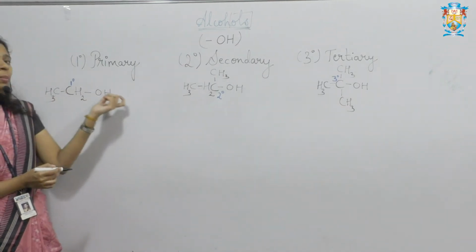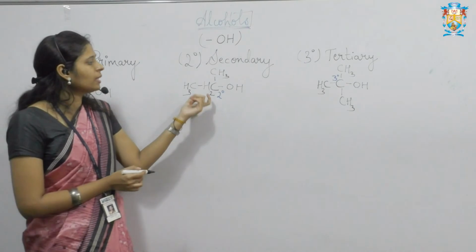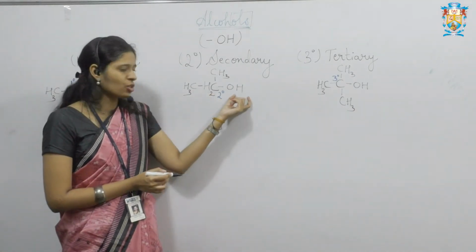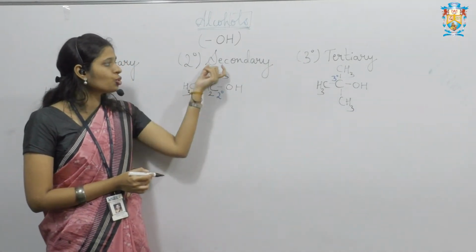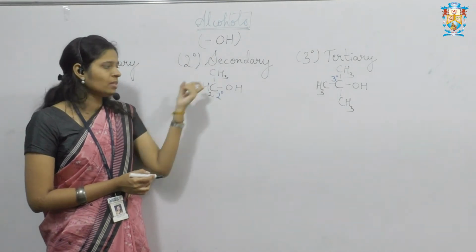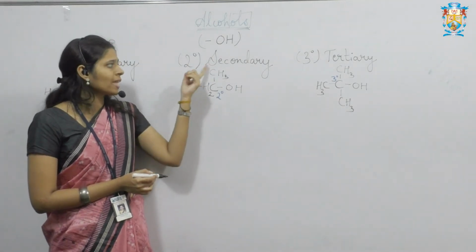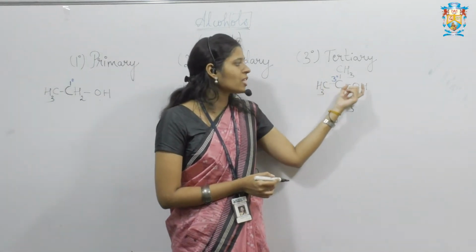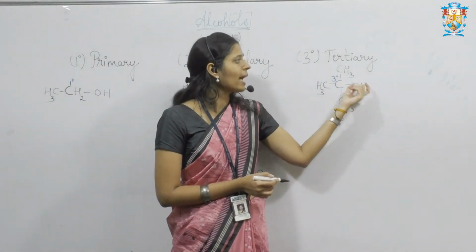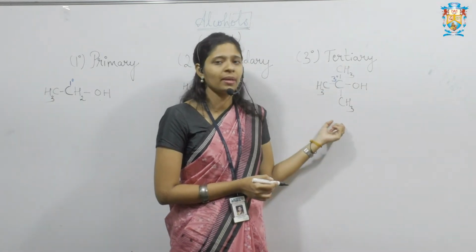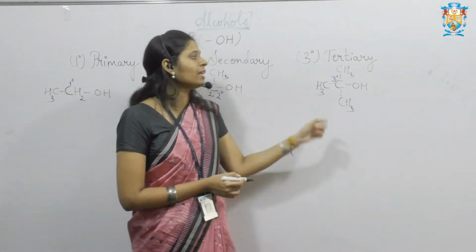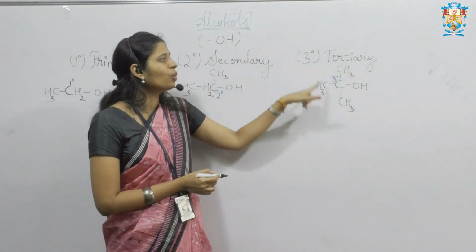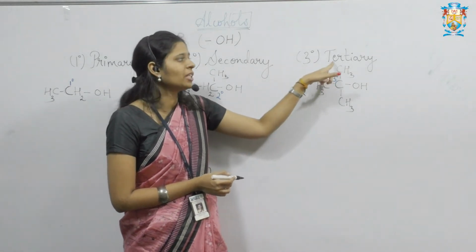Here the carbon atom attached to the OH group is attached to two carbons at the same time, hence it is a secondary alcohol. And tertiary alcohol is where the carbon attached to the OH group is attached further to three other carbon atoms. We denote it as 3 degree, that is tertiary.